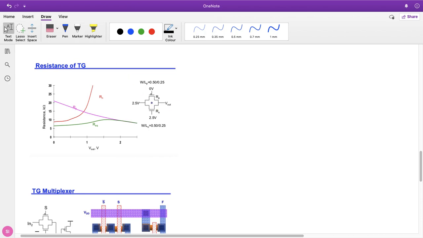Similar to an instance of NMOS and PMOS, for PMOS it has this equivalent resistance Rp and also the equivalent resistance for the NMOS, Rn.